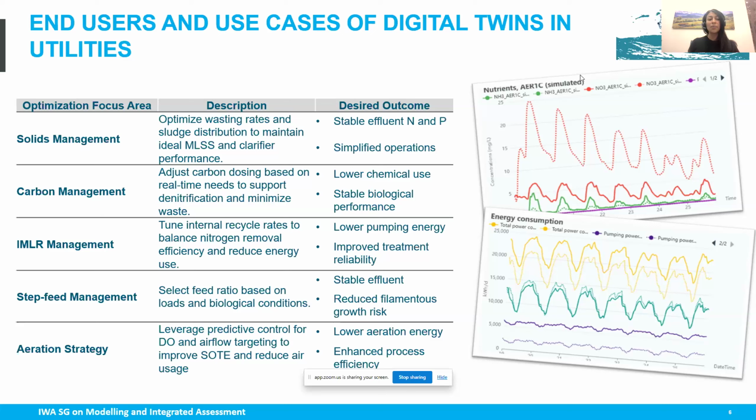So trying to deal with the carbon management and optimize that to lower chemical use and have stable biological performance. Also, the mixed liquor return management to reduce pumping energy and improve treatment reliability, and step feed so that we can try to find the optimized ratio for stable effluent nutrient going into the river, and then reduce filamentous growth.